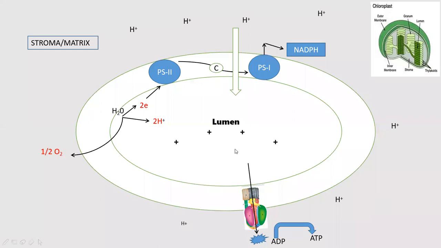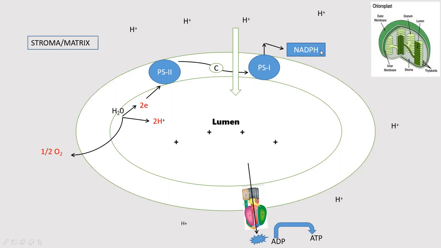Here the third reason is, once the energized electrons come out from photosystem 1, they finally reach the NADP to form NADPH.